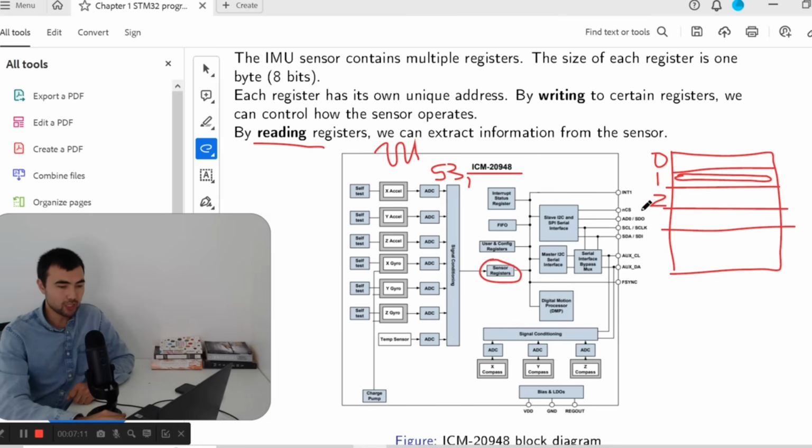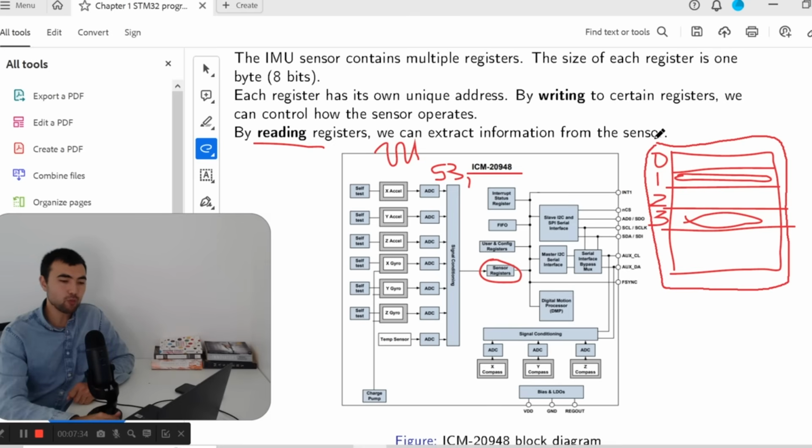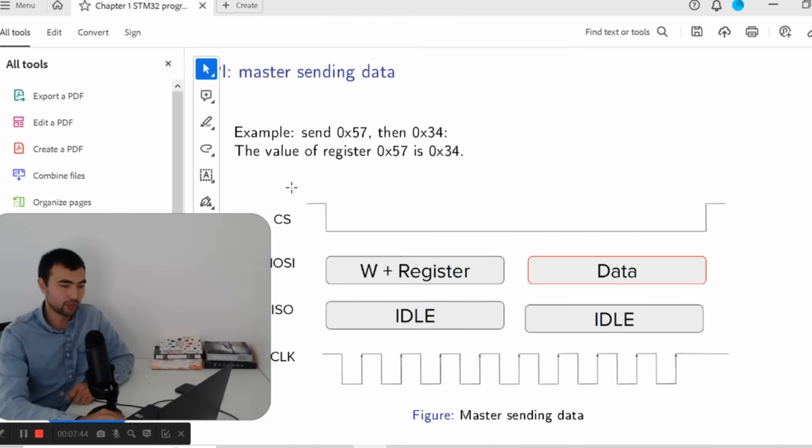For example, there might be register 3 that holds acceleration data along x-axis. So by reading this register, we can extract x-axis acceleration. So all the data will be mapped inside of the registers. So our task is to read and write registers. And next step, I'm going to show how we can do that using SPI interface.